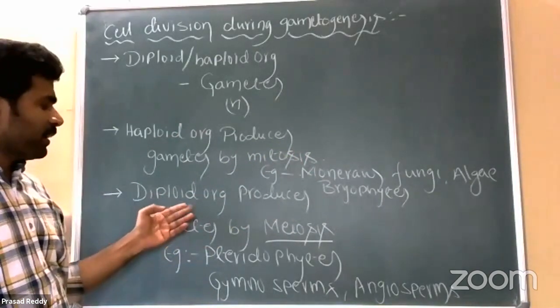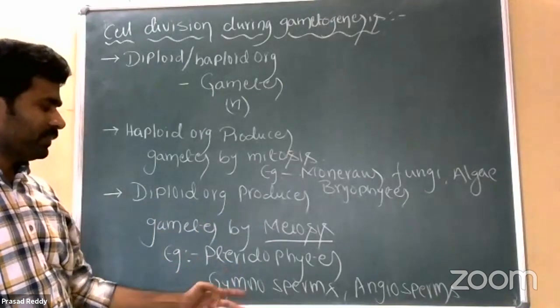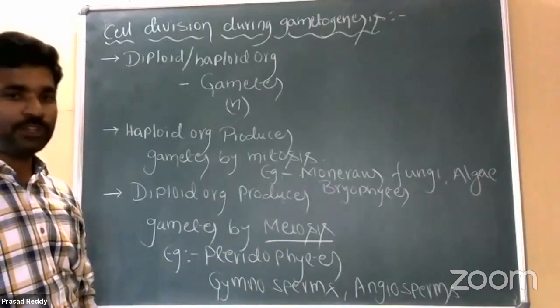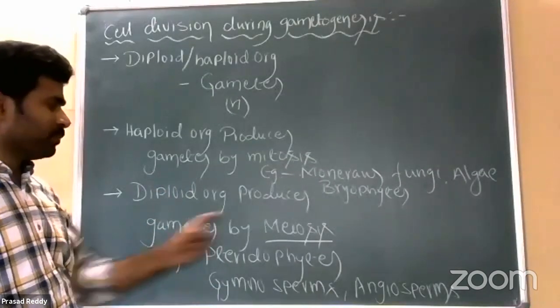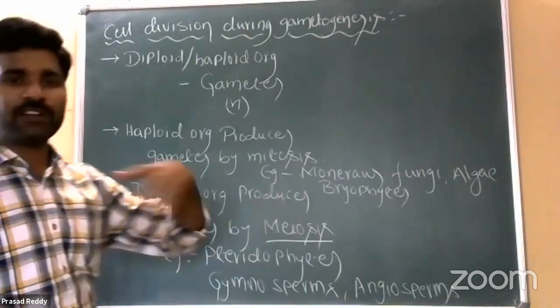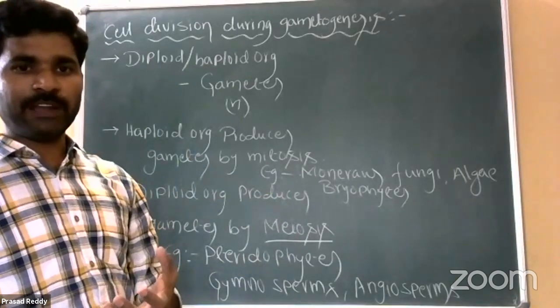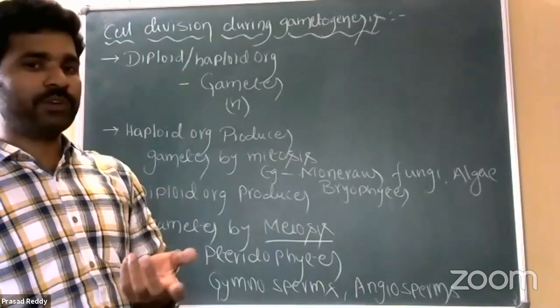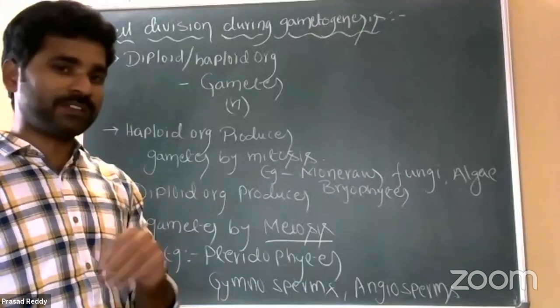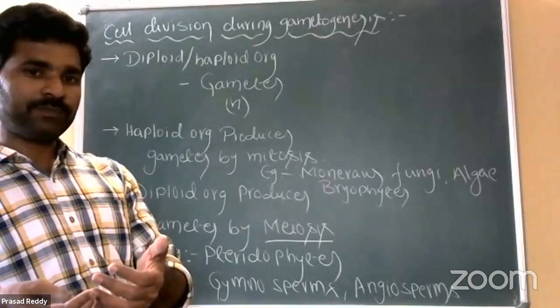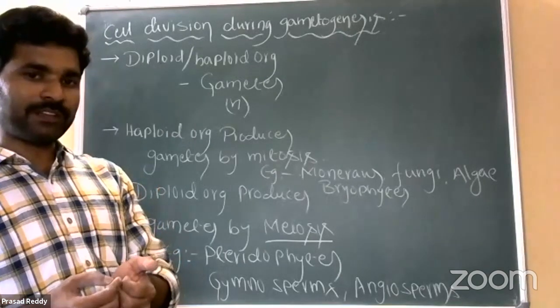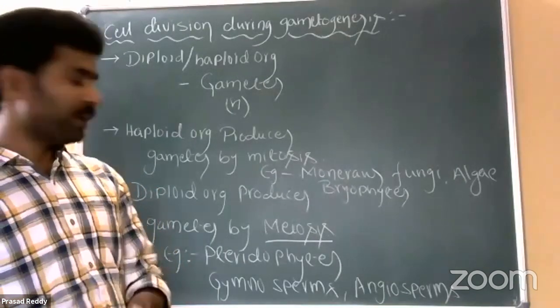But what about the diploid organisms? Pteridophytes, gymnosperms, angiosperms, and human beings produce haploid gametes by meiosis division. We are completely diploid organisms, but we produce haploid gametes by meiosis division. Before producing gametes, the gamete mother cells undergo meiosis division.